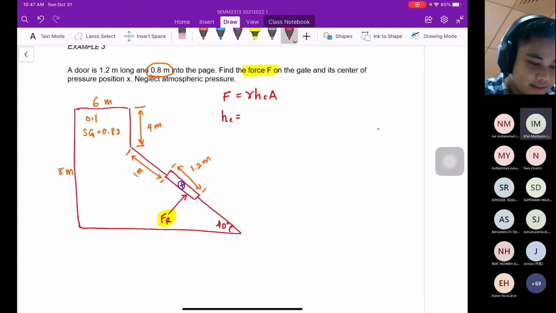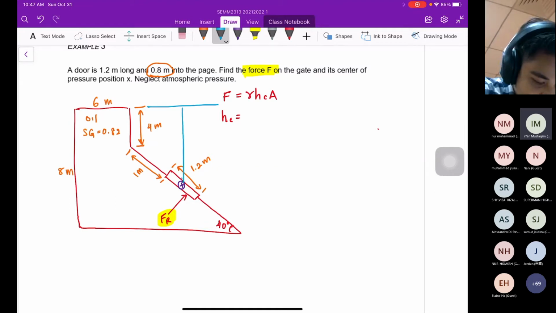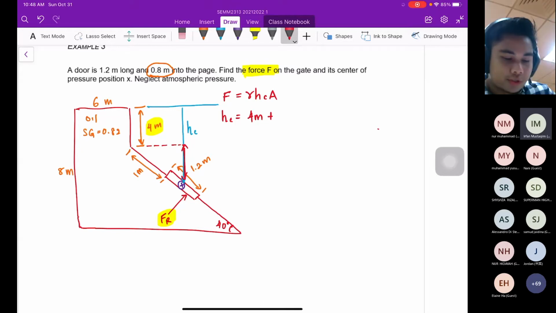So how to get the HC? Any idea? This is the reference line, and this is HC. HC is basically a combination of the 4 meter here, and we need to add this dimension. How to calculate this length? Any idea?